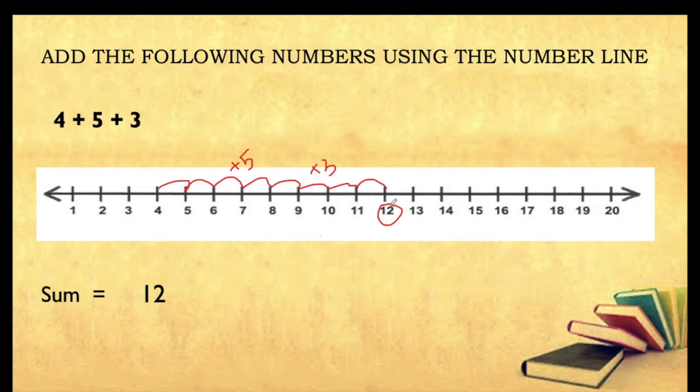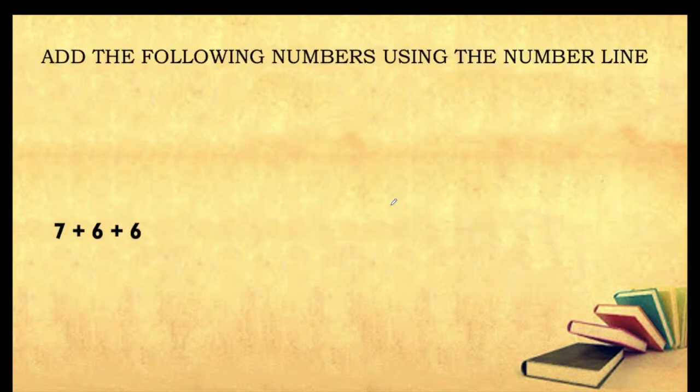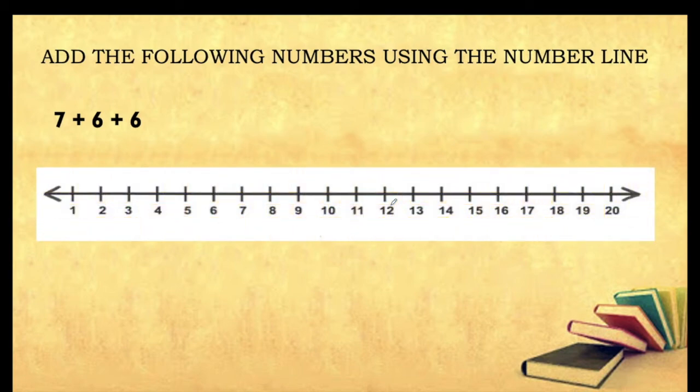Let us do another sum. Here the statement is 7 plus 6 plus 6. So in a number line we have to start from 7. So 7 plus 6. 1, 2, 3, 4, 5 and 6. So 7 plus 6 is 13.